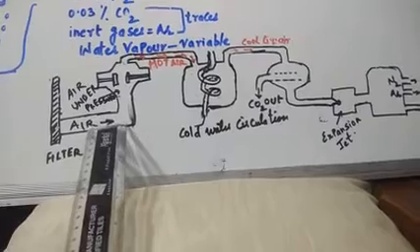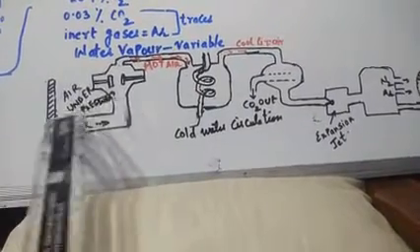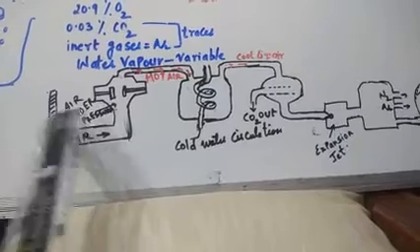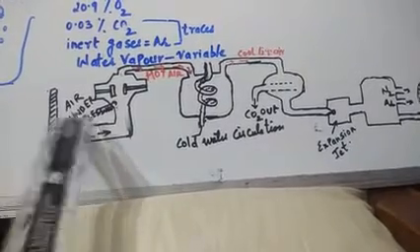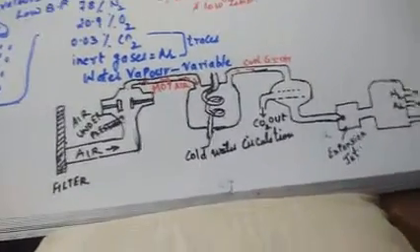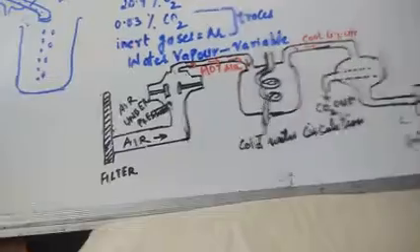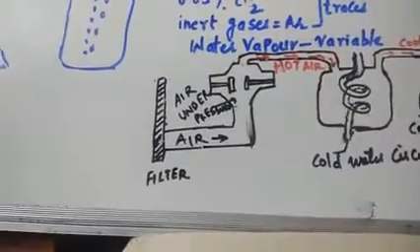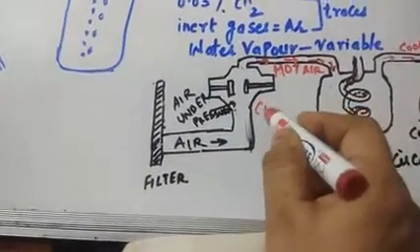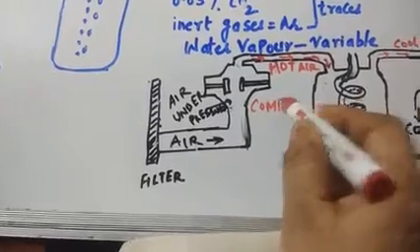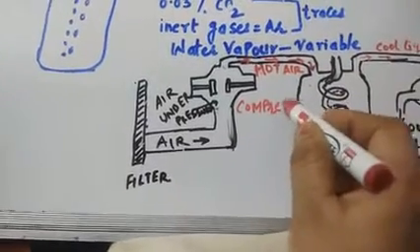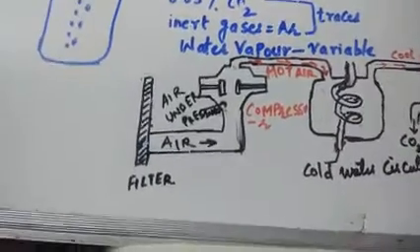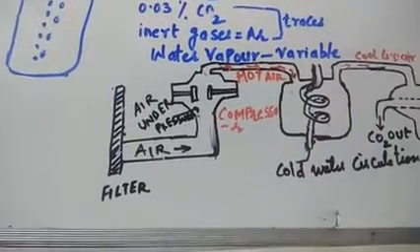Then this air is passed into the compressor. Here I have written air under pressure. This is the compressor, where we apply very high pressure.